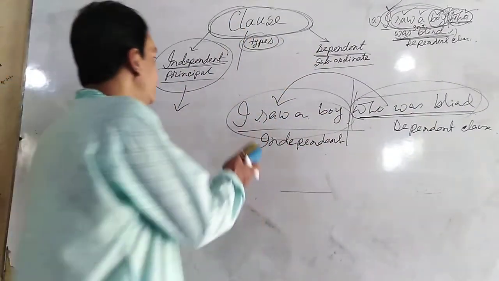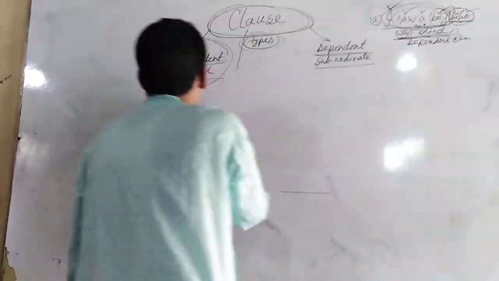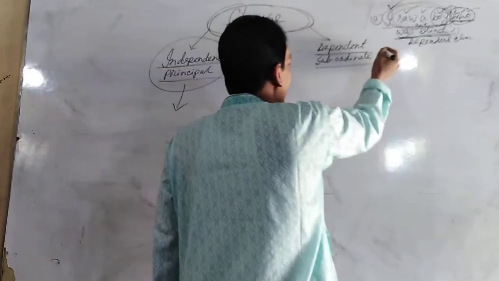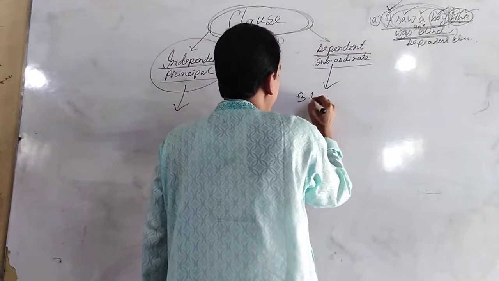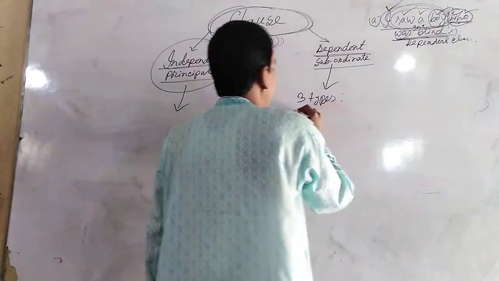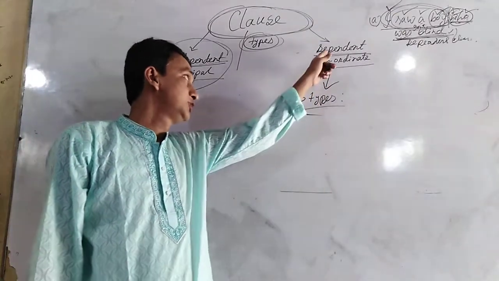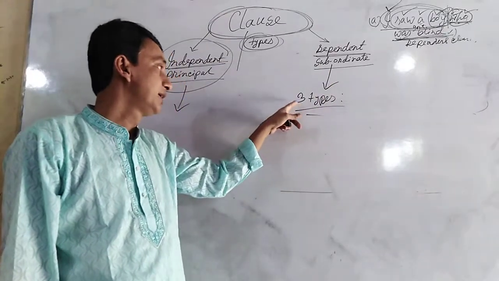Then we have understood the main 2 types of clause: independent clause or principal clause, dependent clause or subordinate clause. Dependent clause or subordinate clause, according to function, is divided into 3 types.